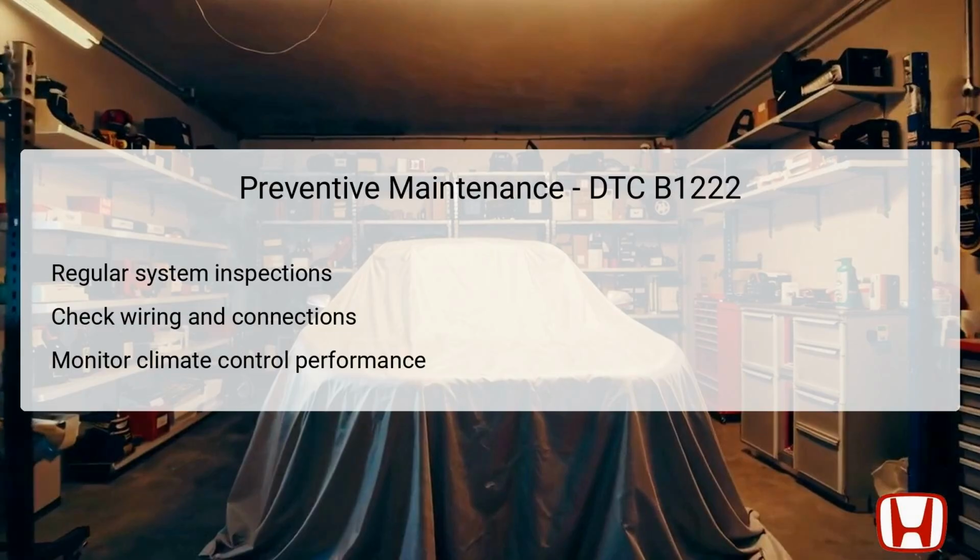Additionally, frequent monitoring of the overall performance of the climate control system will provide insights into its operational health. Ensuring that the system operates smoothly not only enhances passenger comfort, but also contributes to the overall reliability of the vehicle. A commitment to ongoing preventive measures can significantly reduce the frequency of similar diagnostic trouble codes in the future.